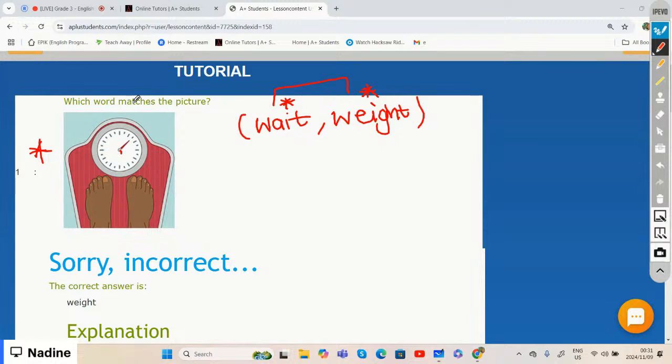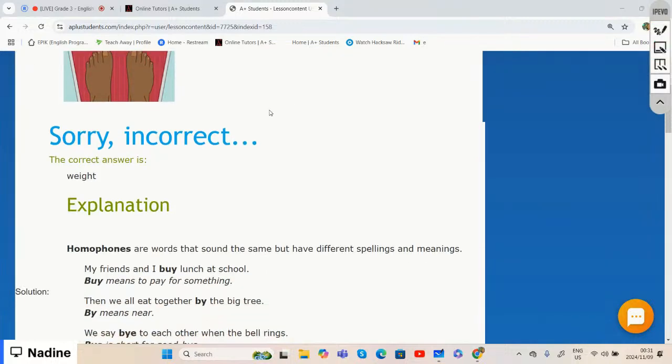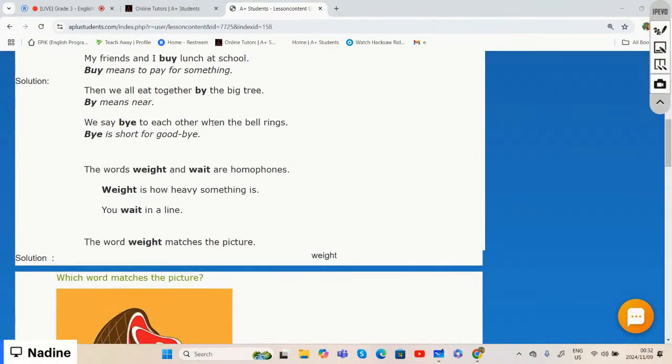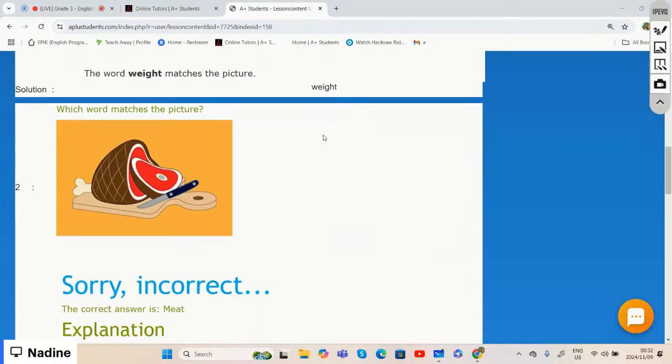All right, and if we were to choose the word that matches this picture, then it is this one, weight. Yes, well done. And that weight shows us how heavy or how light something or someone is.